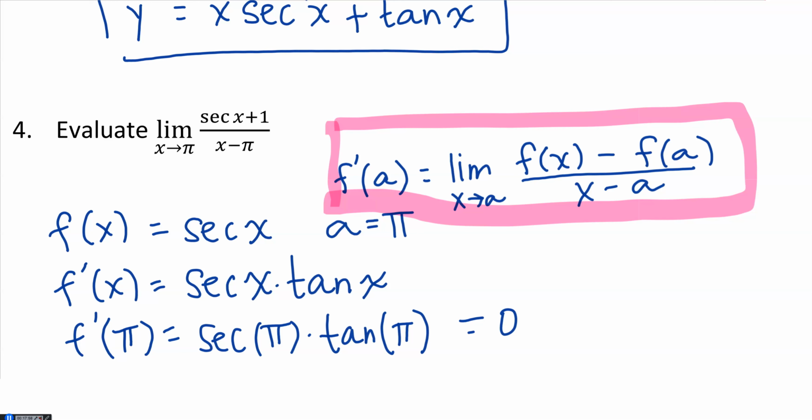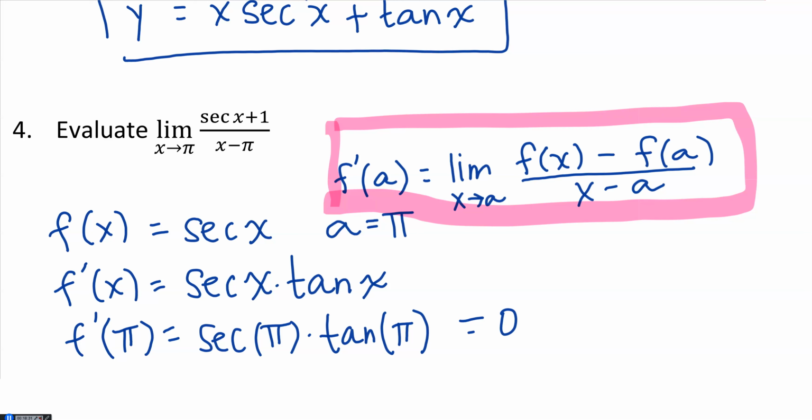Yes, you could have simplified this, like you could have changed secant of x to 1 over cosine of x and tried to do some simplifying of this. But to me, the easiest thing is that it's in my limit definition of a derivative form. So what is going to be my function? My original function is going to be what? Secant of x, yes.